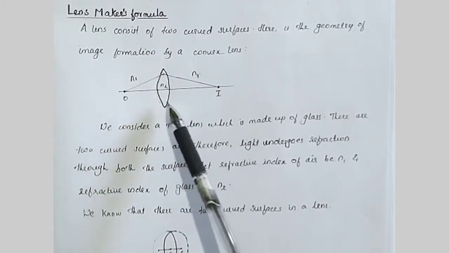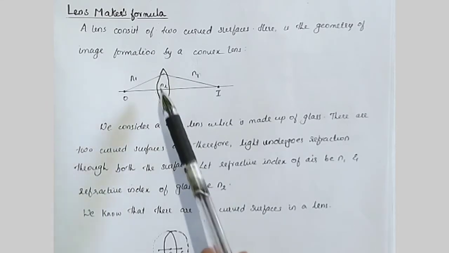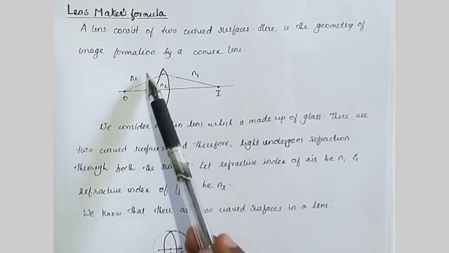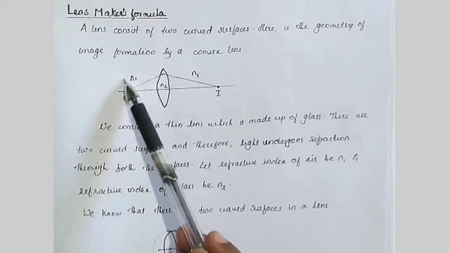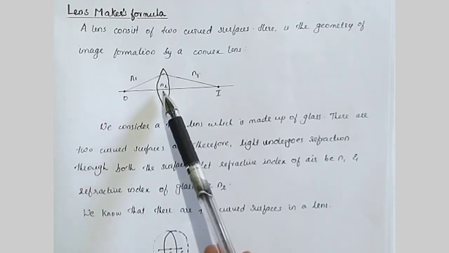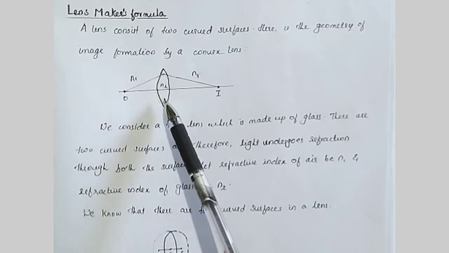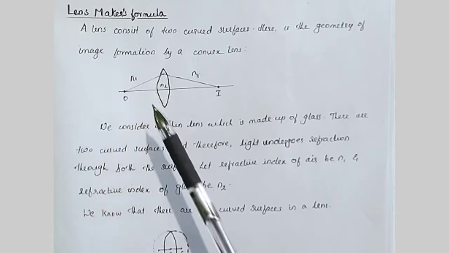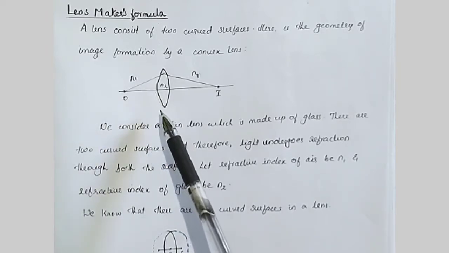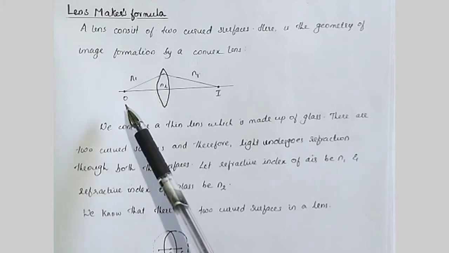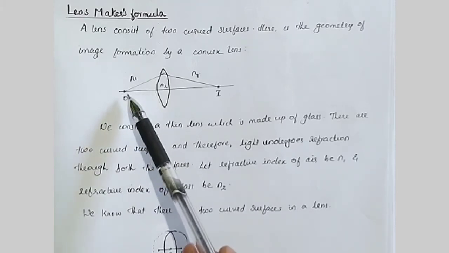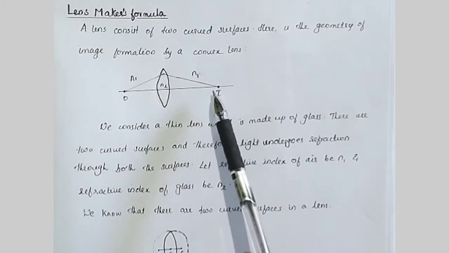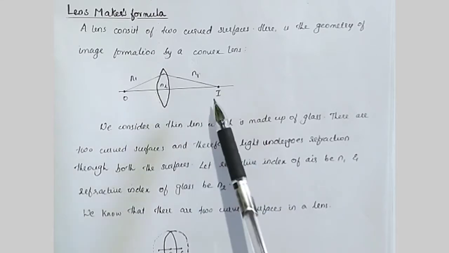Let us consider a thin lens which is made up of glass. So n1 here is the refractive index of air, and n2 is the refractive index of glass of which the lens is made. So when we observe the image formation through a lens, we can see that the image of the object is obtained on the other side of the lens.